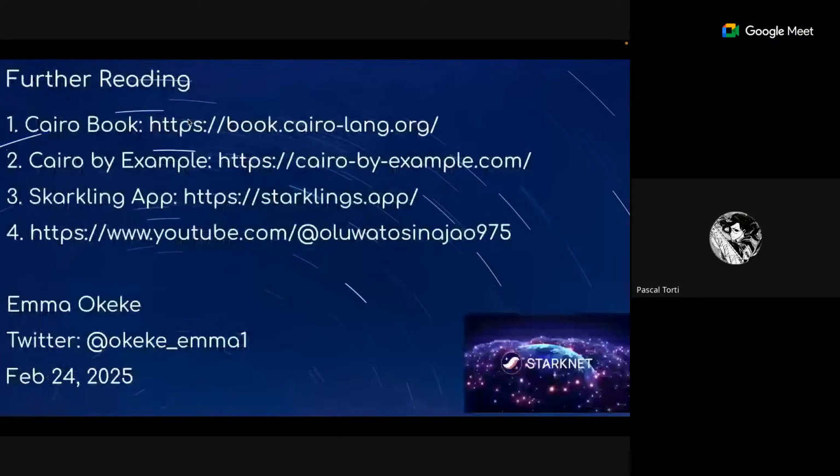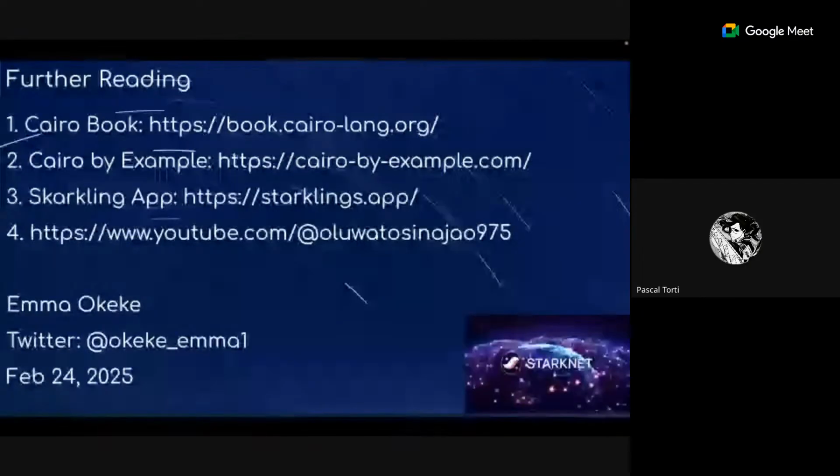Then for your further reading, you should read a lot. Visit this number one very well, the Cairo book. We have Cairo by example. There are some things where you think, okay, this is Cairo, fair, but then how is it used? Sometimes you might have to look through an example or a couple of GitHub repos before you can see how it was used.